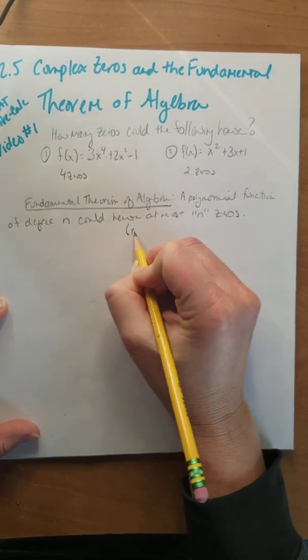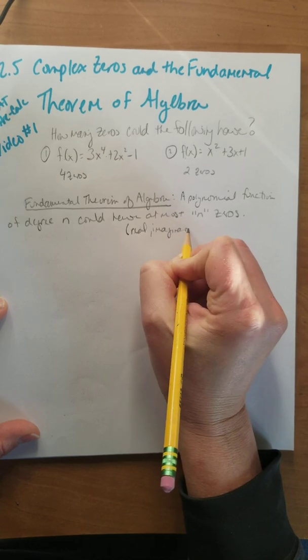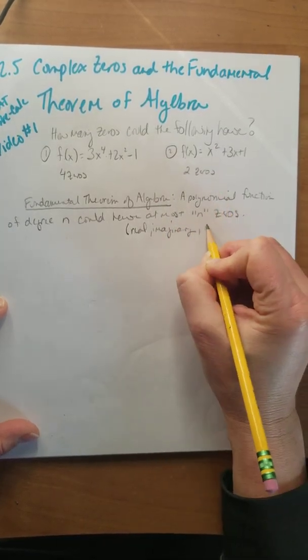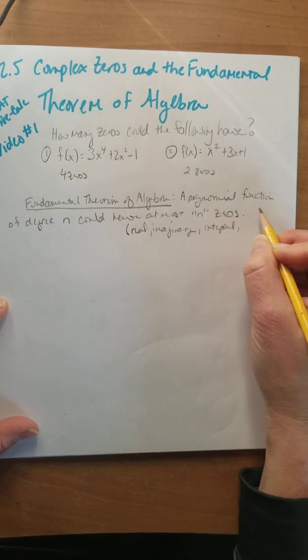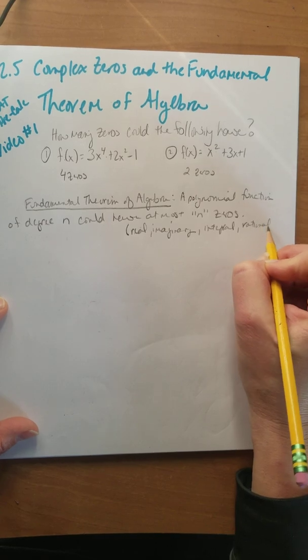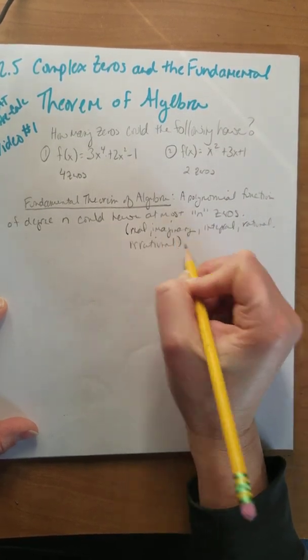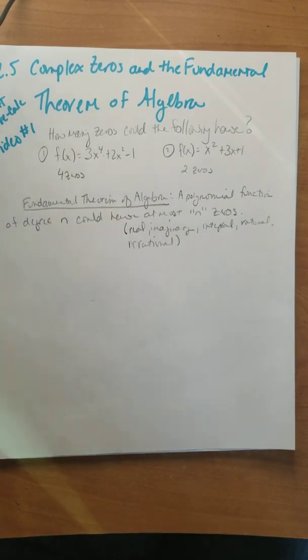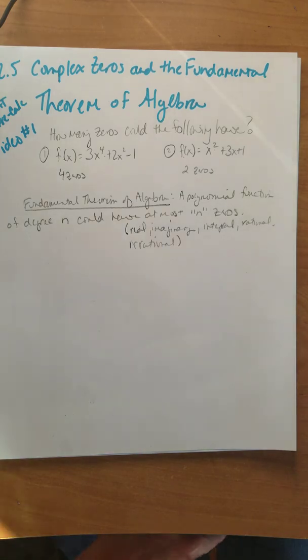And those could be real, imaginary, integers, and they could also be rational or irrational. Remember, irrational numbers are square roots that you can't find in your head. So an irrational number would be like the square root of 5. Square root of 5 is irrational. All right, so that's what we've talked about before.